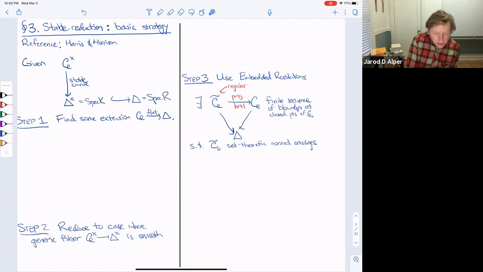We're given a stable curve over the spectrum of the fraction field of a DVR. The first step is just to find some extension to a flat family with a possibly very singular central fiber.